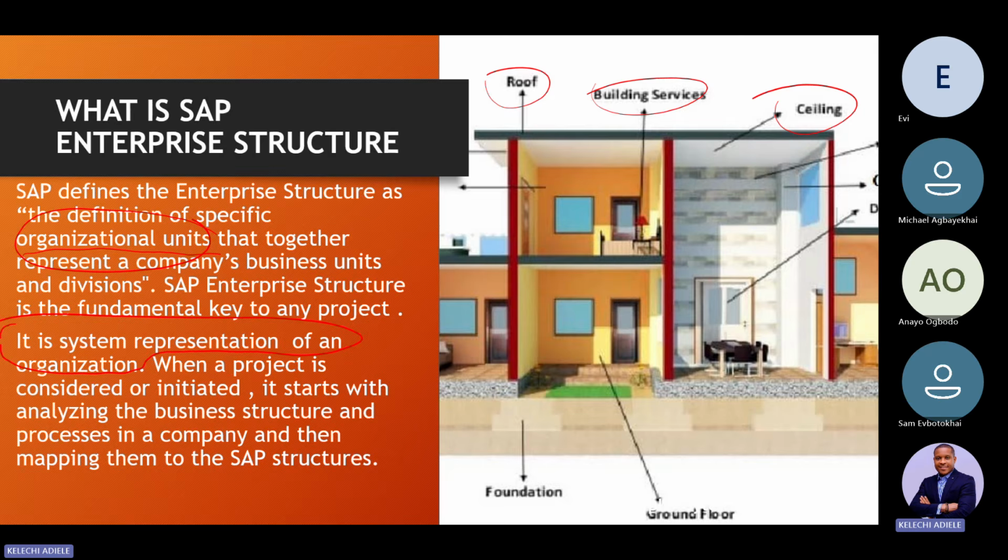So you see that configuration is deep. It is not about just going in there and just start running. No, you first have to know that anything you're designing should represent business requirements. When a project is initiated, it starts with analyzing business structures.